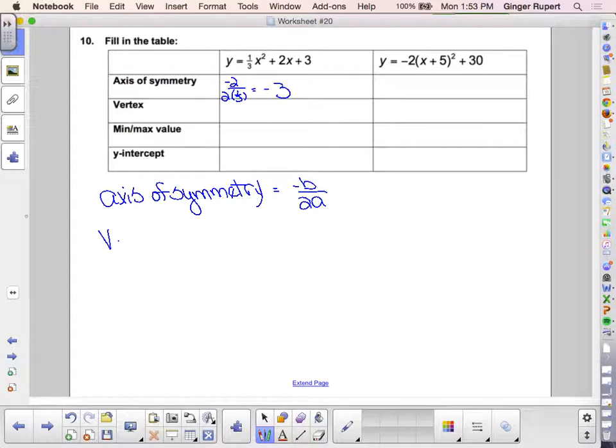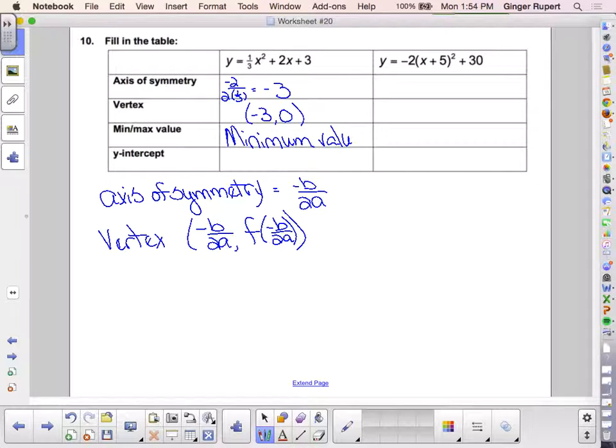The vertex, the x-coordinate is minus b over 2a. The y-coordinate is just substituting that value in. And here we should have a vertex at (-3, 0). When we look at it, it's positive, so we know it opens up, thereby giving it a minimum value. The y-intercept is when we let x equal 0.